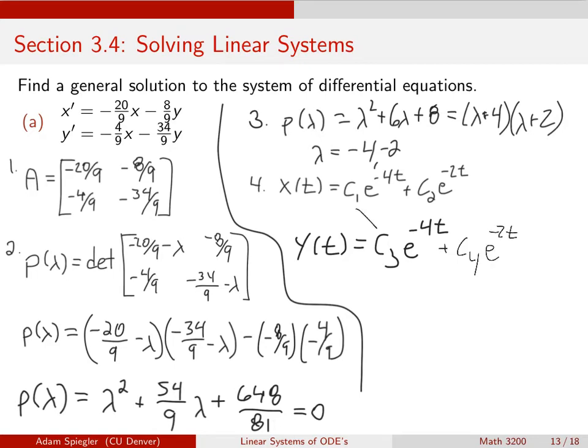And then the idea is these coefficients c3, they might depend on c1 and c2, and the same for c4, is that it might have some dependence on the solution that we get for x. So now that we've got our solution for x, we can use that to find the solution for y. I'm going to need to do that on a separate slide because I ran out of room. So let's head over to a separate slide.